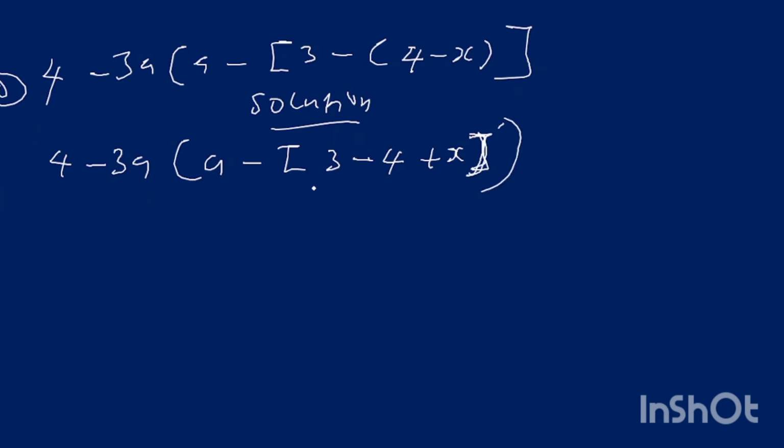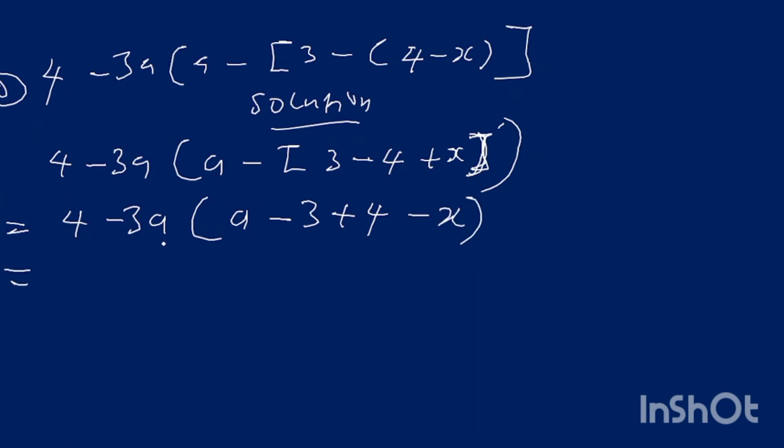So now we deal with this other bracket here. Everything remains the same. We have 4 minus 3a into a minus 3. Minus times 3 will give me minus 3. Minus times minus 4 will give me plus 4. Minus times plus x will give me minus x. So we deal with this other one.